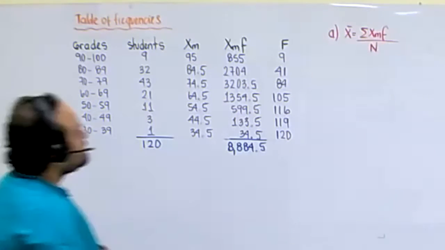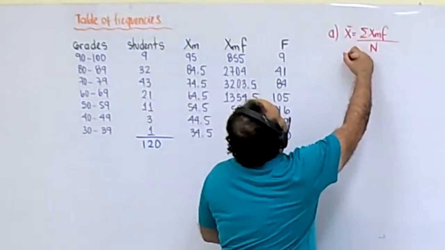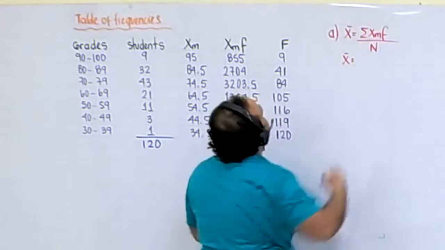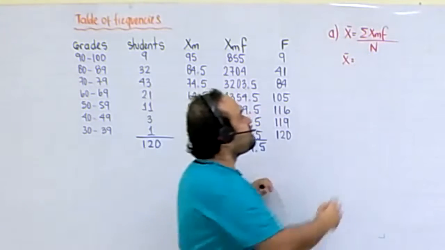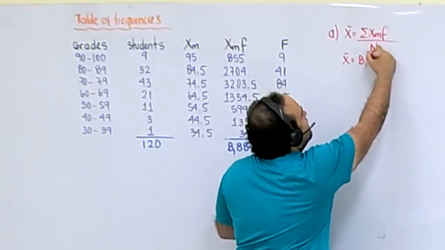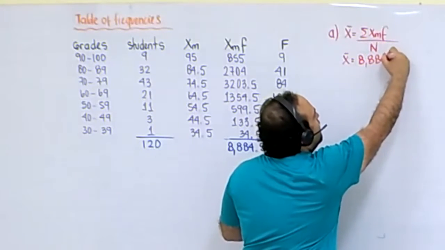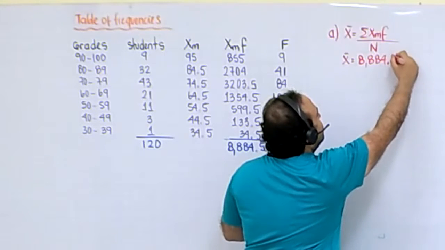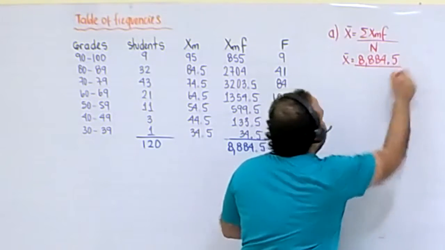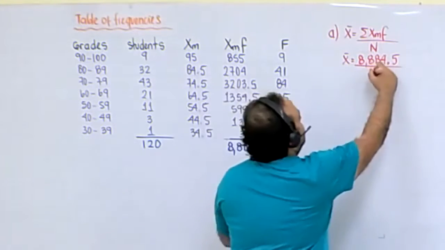Okay, so in simple words, the arithmetic mean will be 8,884.5 divided by 120.